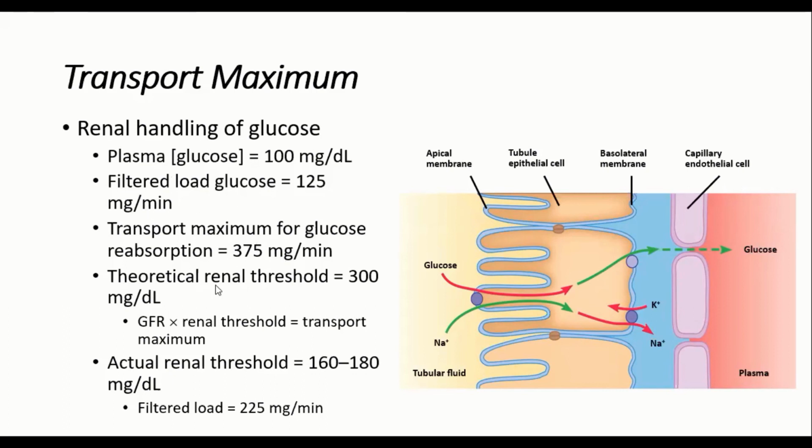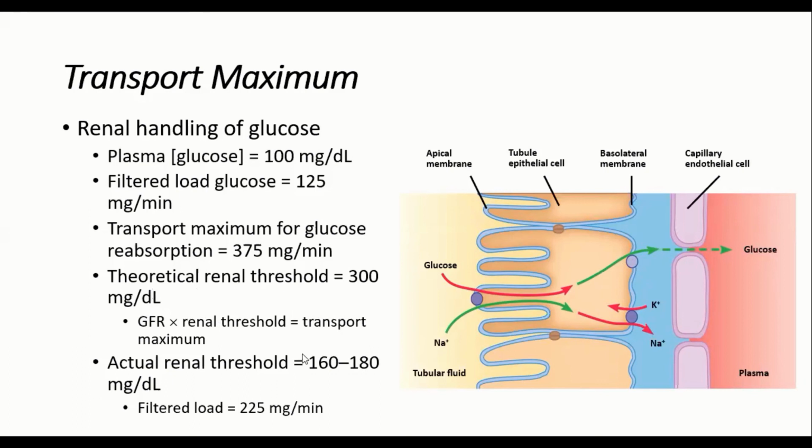The theoretical renal threshold for glucose, the theoretical amount of glucose that we could get across those carrier proteins, is 300 milligrams per deciliter. This is how we would calculate it if every single carrier protein for glucose was able to be fully saturated, but that's not really reality.